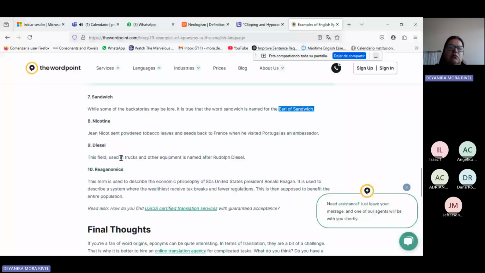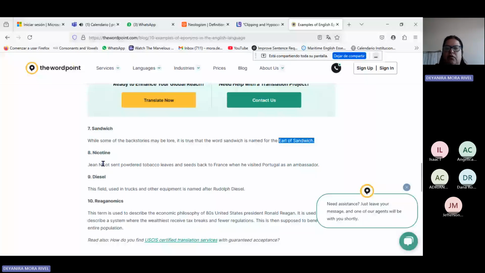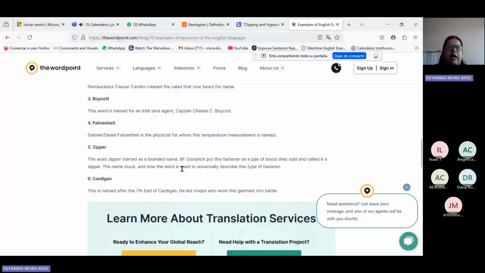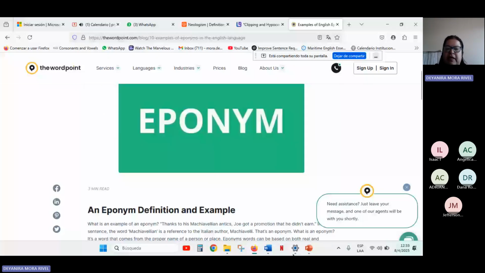Diesel also comes from a person's name. Okay, so nicotine also comes from a person whose name was John Nicot, and he sent tobacco leaves and seeds. Okay, so that is the meaning of an eponym, something that is named after someone.